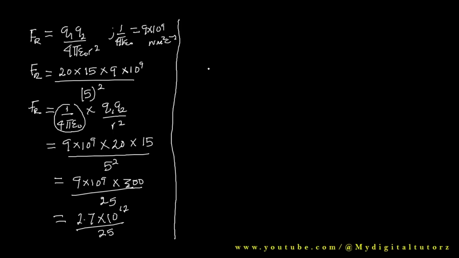So when I divide by 25, I'm going to have FR equal to 1.08 times 10 raised to power 11 Newton. So that's the force between charge R and S.